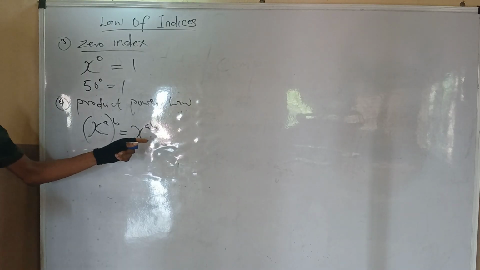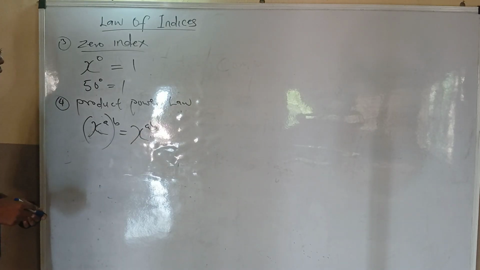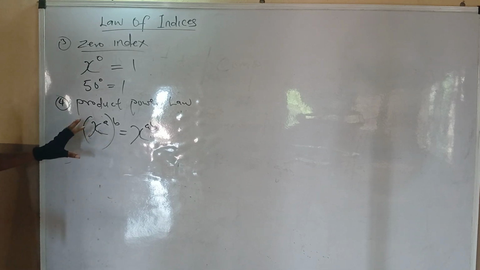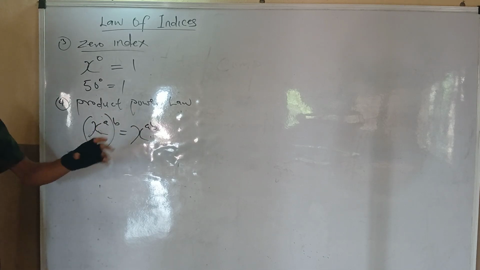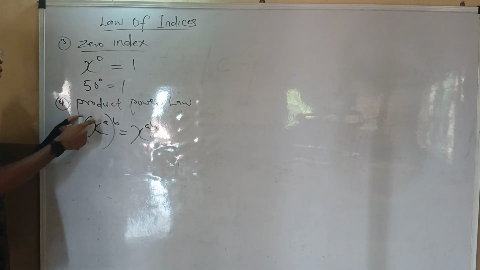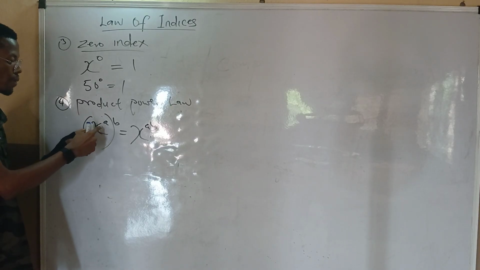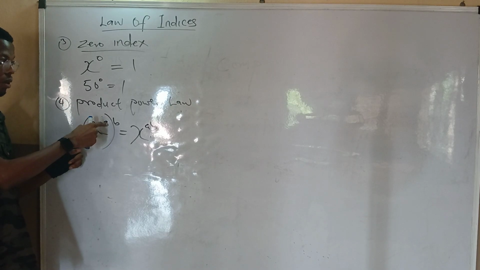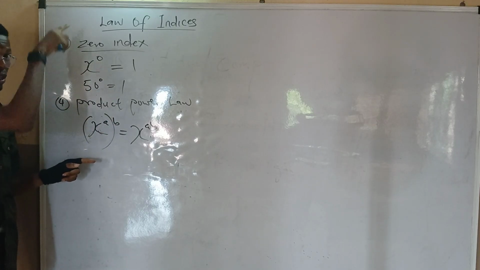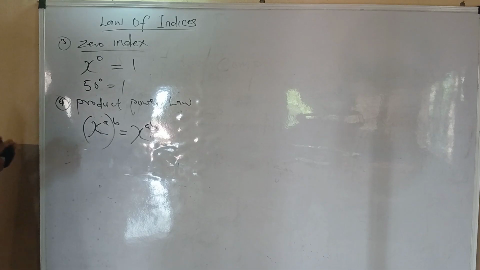If it's numbers that we have there, we are multiplying them together. So we have x raised to the power of ab. That is what we call the product power law. So powers actually multiply each other when we have a base raised to a power, and raised to the power of another power. So what happens to the powers is that they multiply.